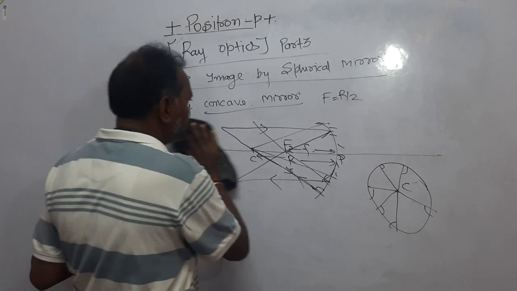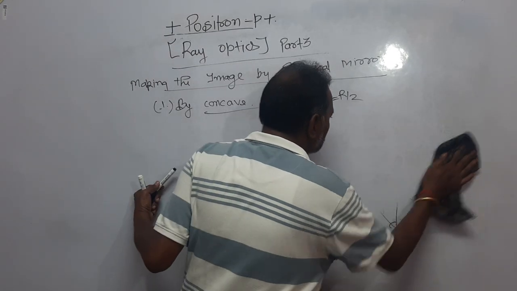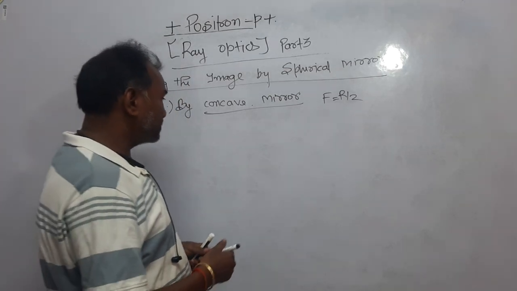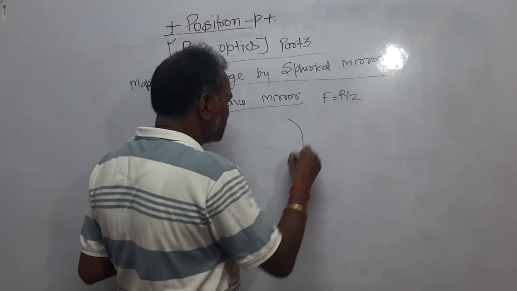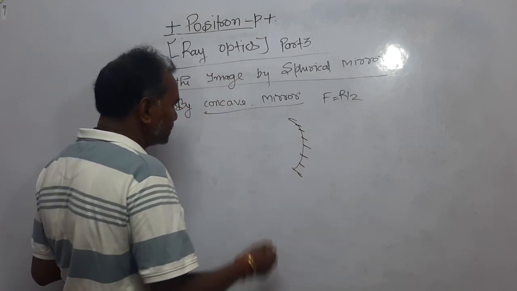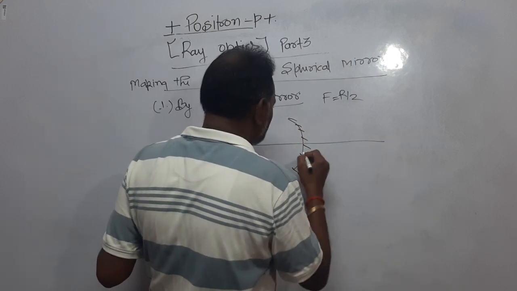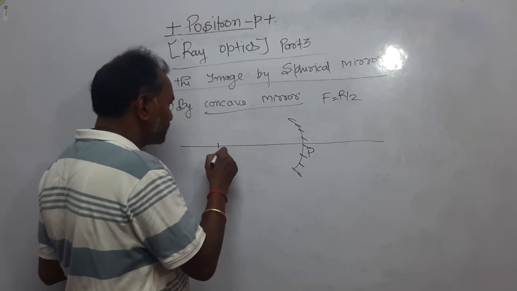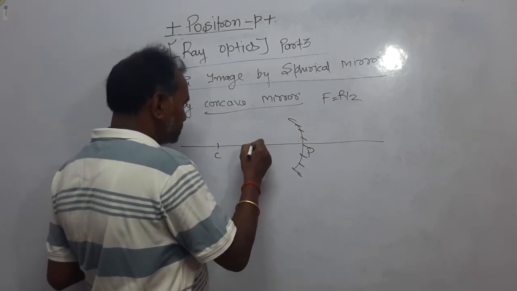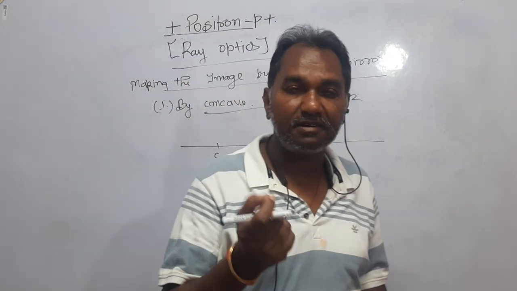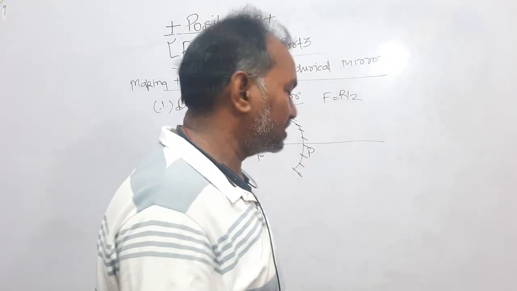Dear students, let's talk one by one. First one, this is your mirror. I'm considering a concave mirror. This is the pole. This is the optical axis. This is the center of curvature. And this is the focus point, just at the middle of the center of curvature and the pole of the mirror.